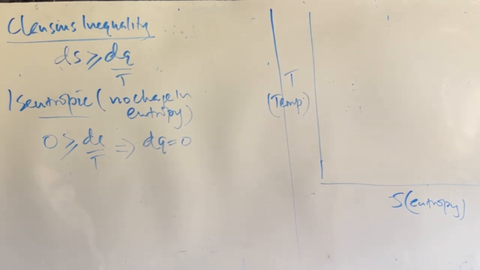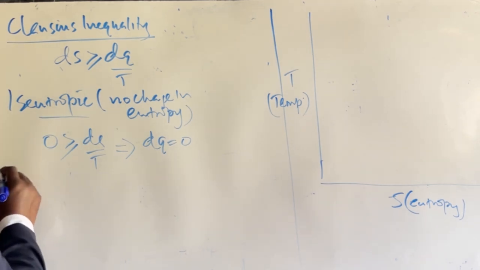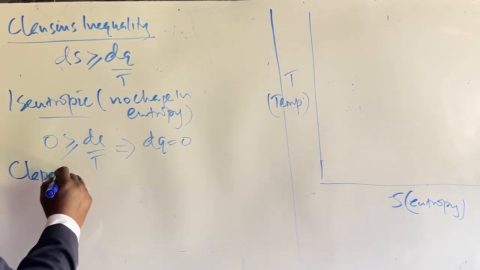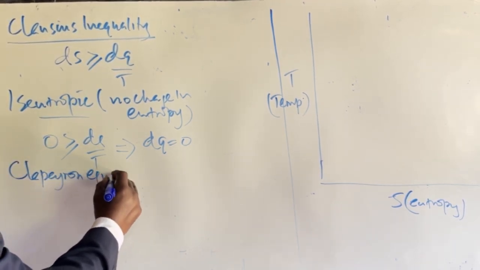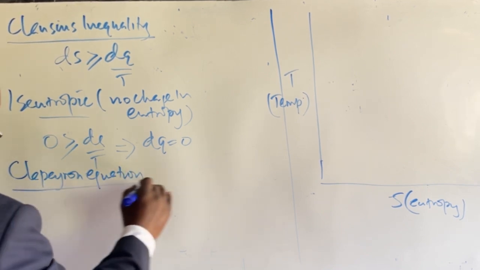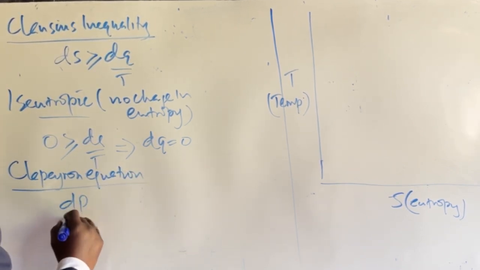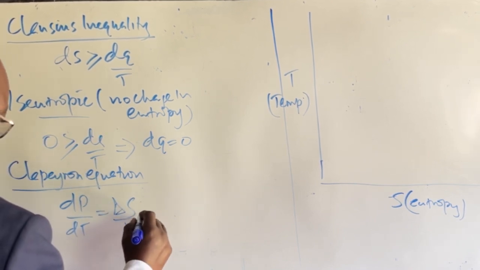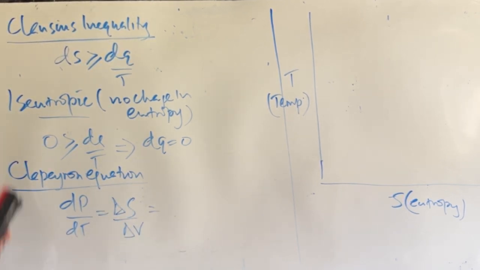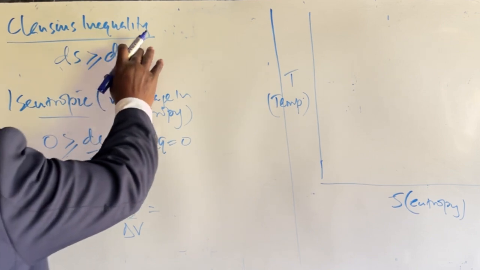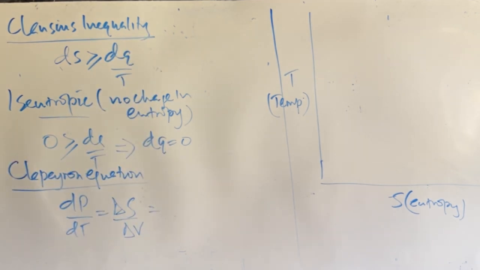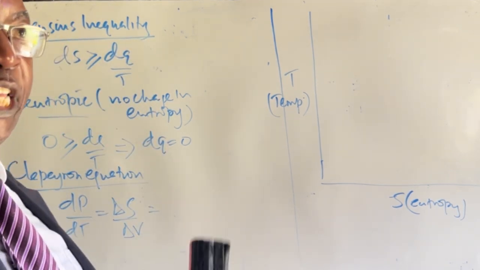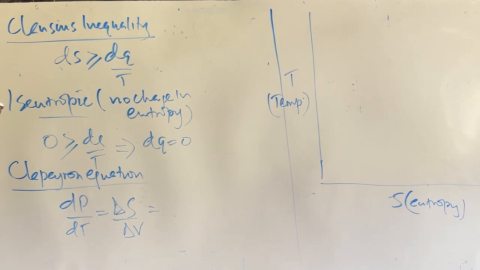And then the other one which I want you to note is the Clapeyron equation, which deals with phase equilibria. That is, the change in pressure with temperature is ΔS/ΔV. And so if you put in the expression for entropy there, under constant pressure, remember that dq at constant pressure is the same as ΔH.